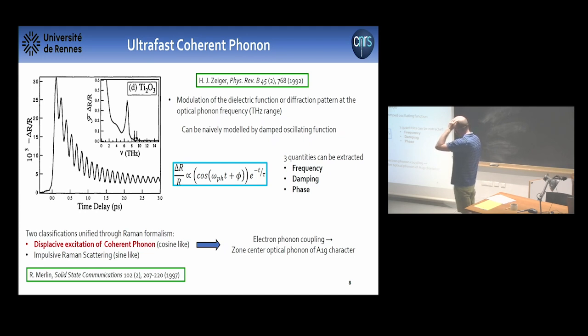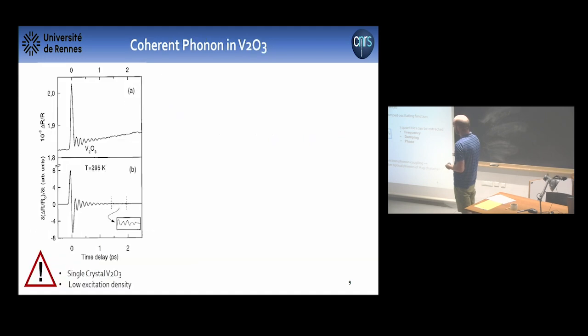So then in V2O3, in fact, it was known for several decades that there were coherent optical phonons. This was performed in '98, I think. They were using, if you're familiar, a femtosecond oscillator, meaning that you're using nanojoule, so it's really low excitation, but still you get this kind of classical trend.